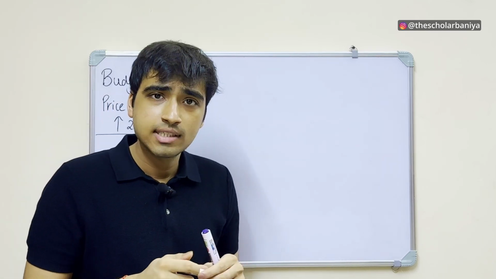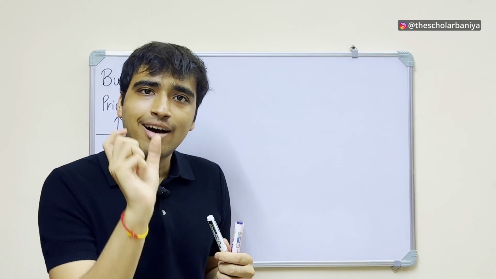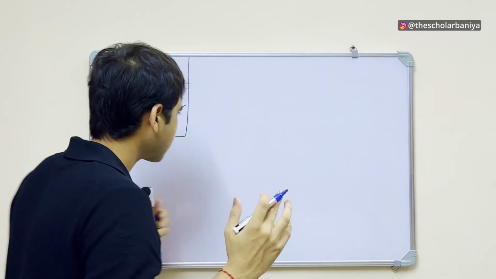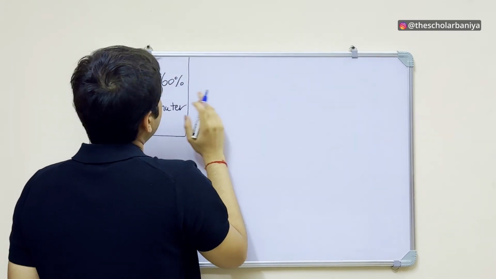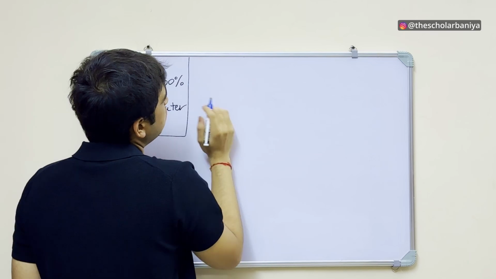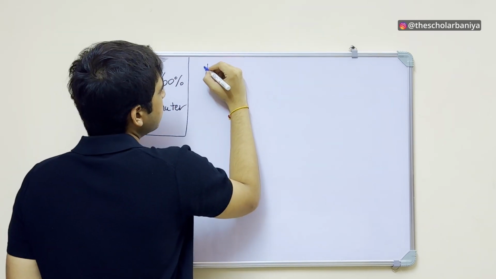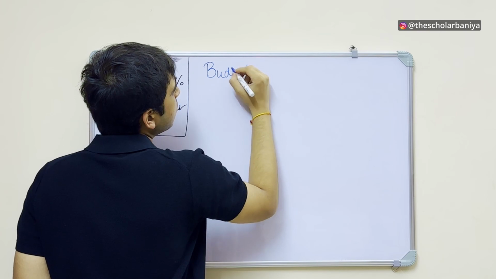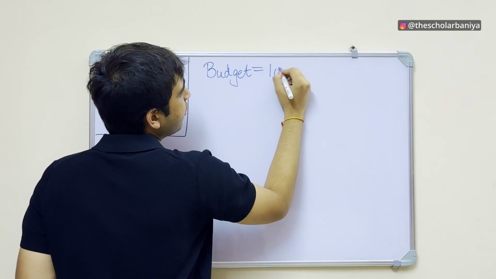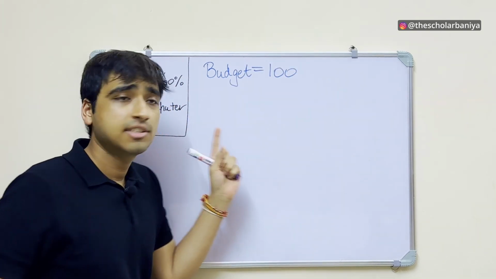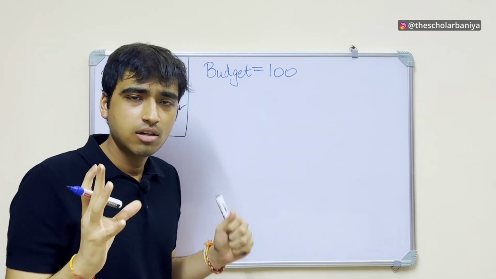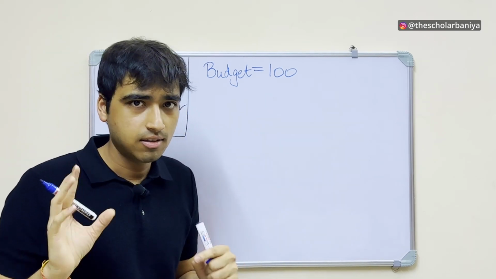So what we do is we try to take 100 mostly in all such questions, and then try to solve, right? So if we talk about the budget, the budget is equal to 100. So this is the budget of last year. Let's assume that the budget was 100 last year, right?